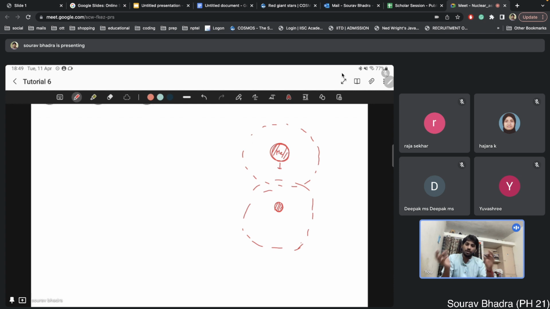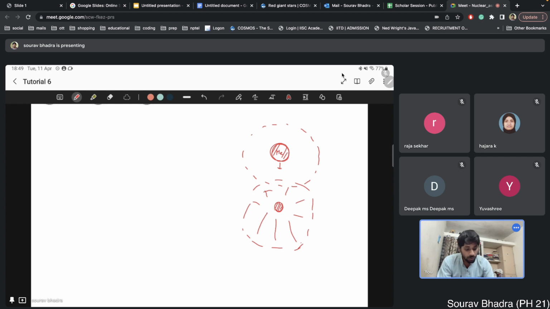So there will be release of energy, and that release of energy will increase the energy of the outer part, the envelope. So that envelope will gain energy, the temperature will increase, as well as the core temperature is also increasing.